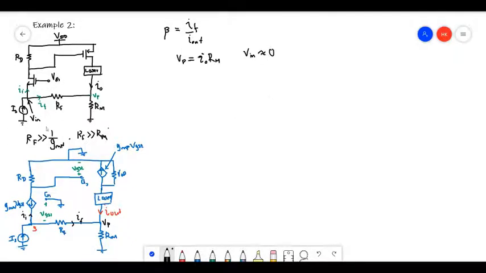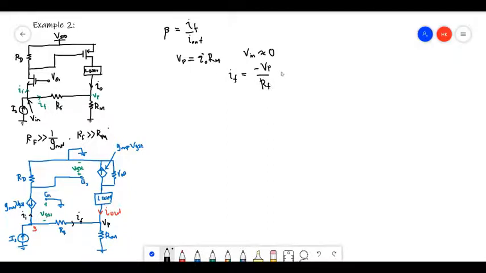Using that assumption, I can write an expression for IF. IF is the voltage across this resistor, which is minus VP, since this is 0 and this is VP, over RF.